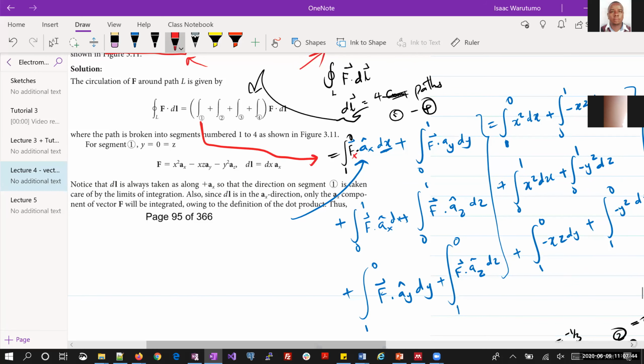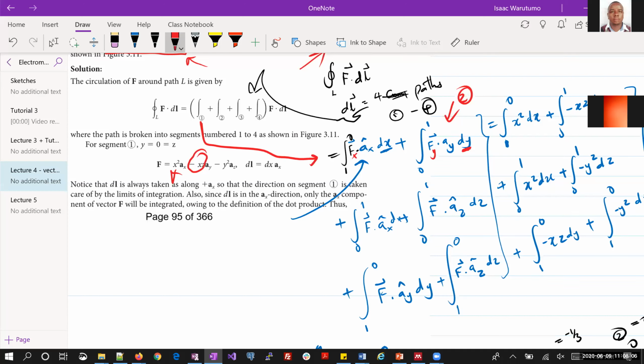Remember, here we are doing Fy dot ay, the second, path 2, and therefore we just need to pick the ay component. The others, x and z, are 0.